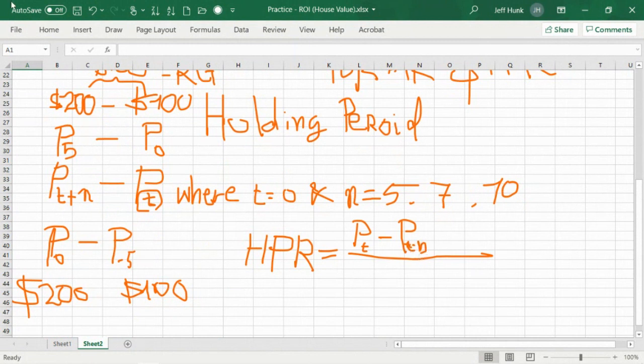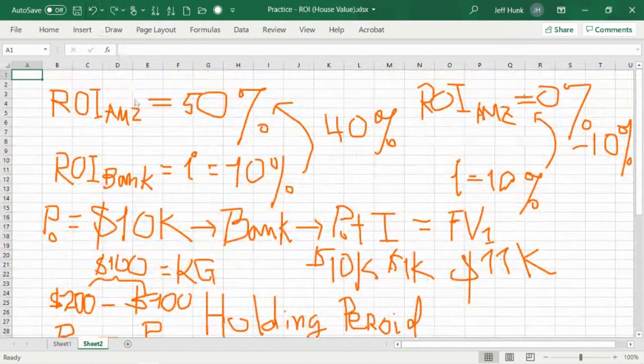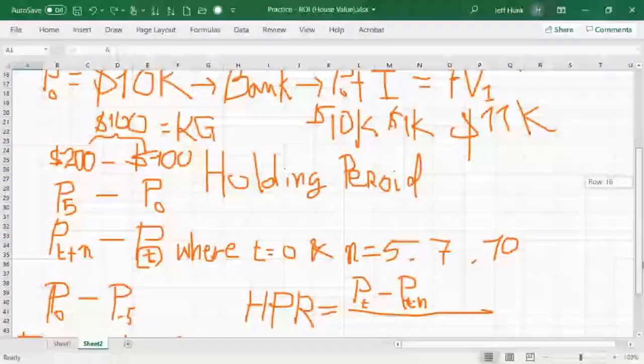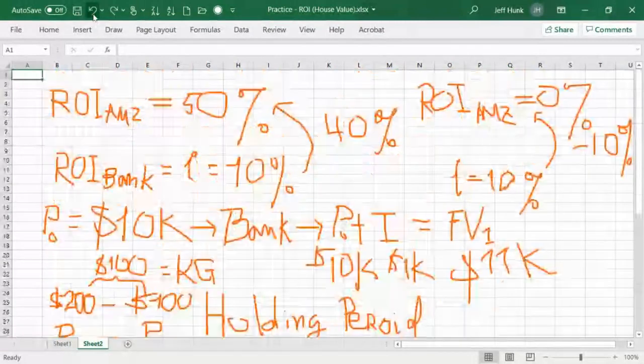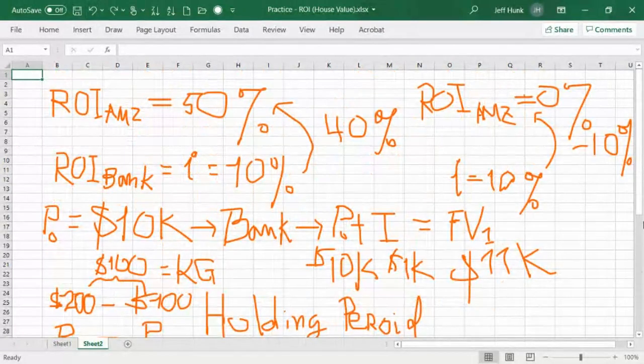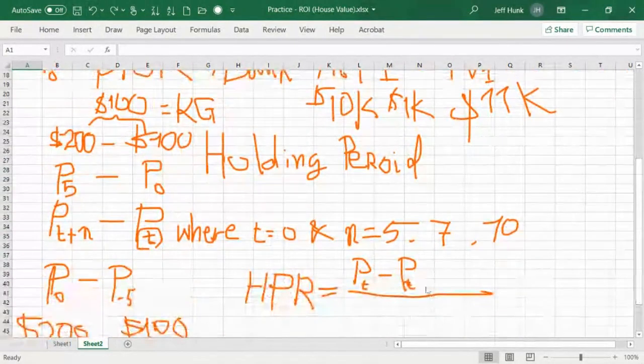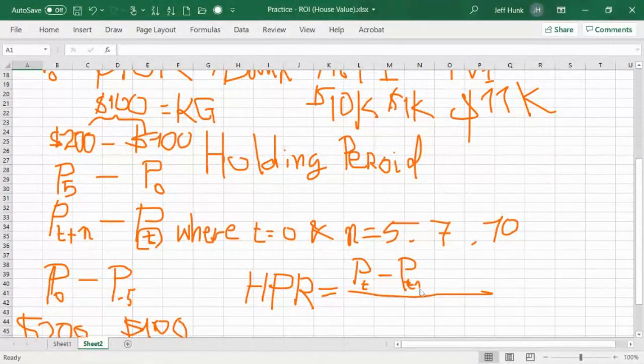That's the price of the asset N years ago, right? So you bought the Amazon stock N years ago for $100.